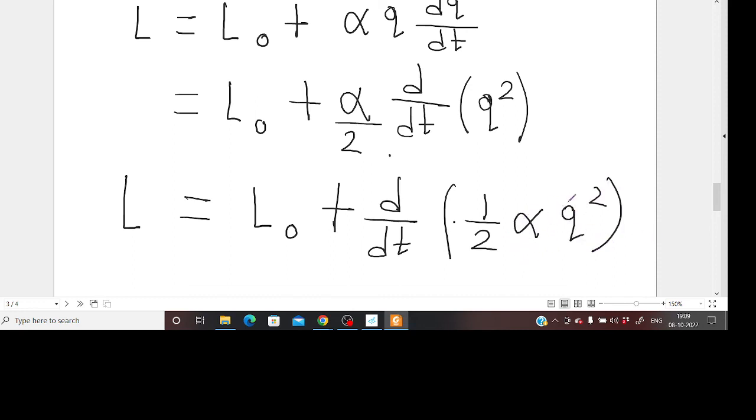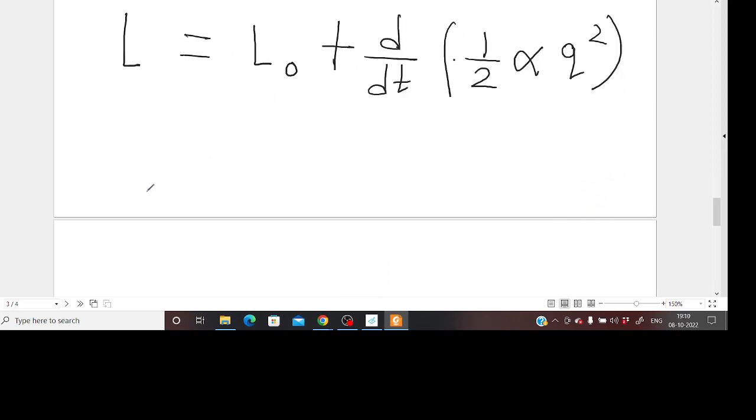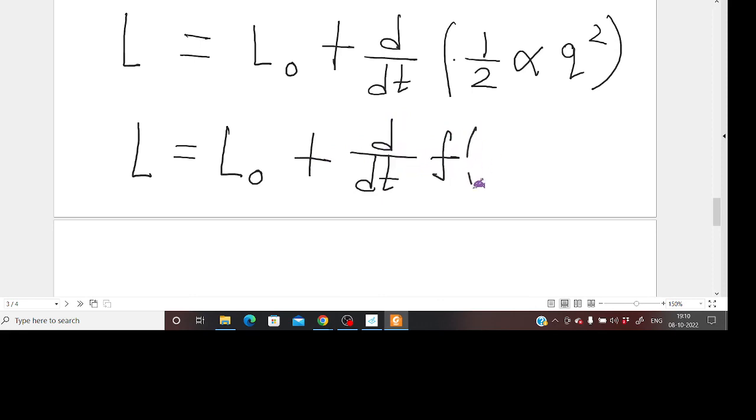and here alpha is a constant and q is the generalized coordinate, and let's say there is some function which is a function of the generalized coordinate and time. So if the Lagrangian is modified by the total time derivative of some function of generalized coordinate and time, then the equation of motion remains same.